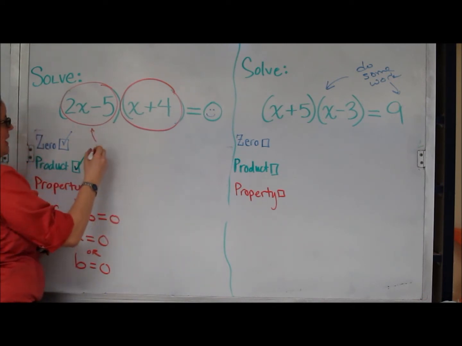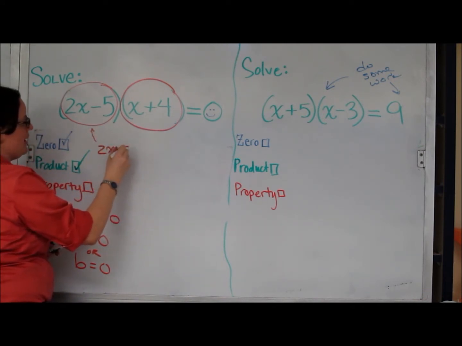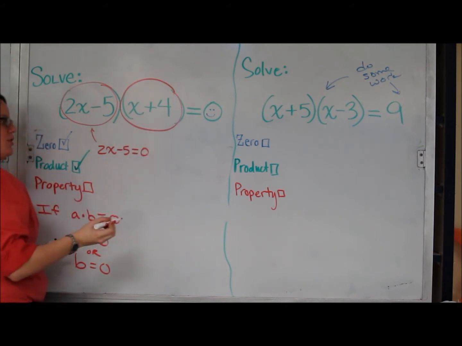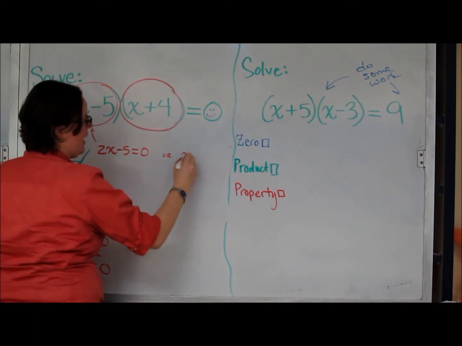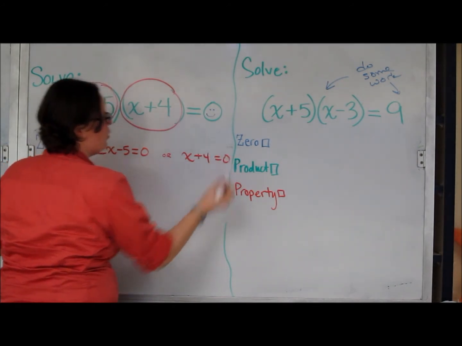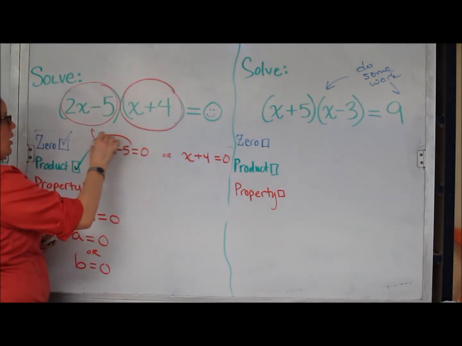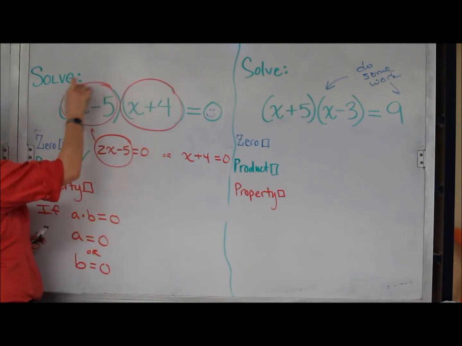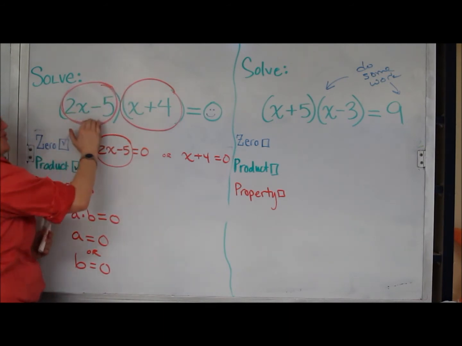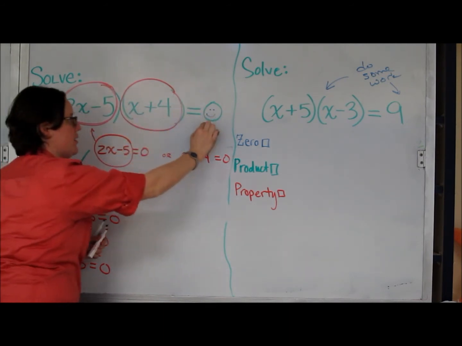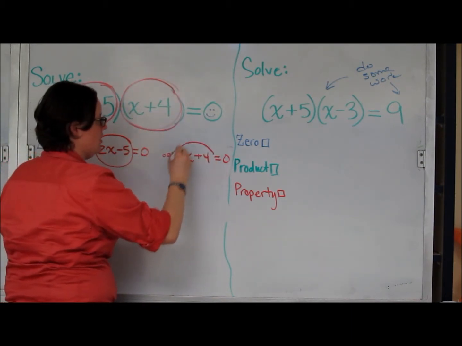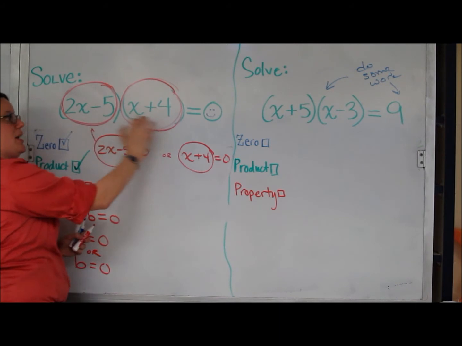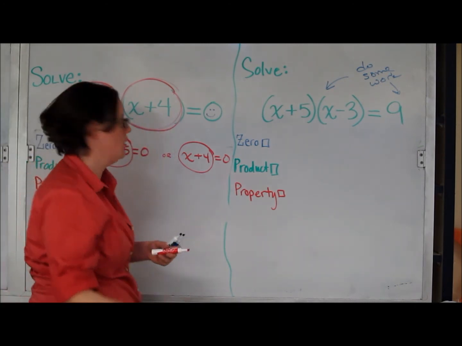It must be the case that 2x minus 5 is equal to 0 unto itself, or this bubble, x plus 4, is equal to 0 unto itself. We're saying that if this whole thing was 0, I'd have 0 times something, and I get 0, that works. Or if this whole thing is equal to 0, I'd have something times 0, and the equation would work.